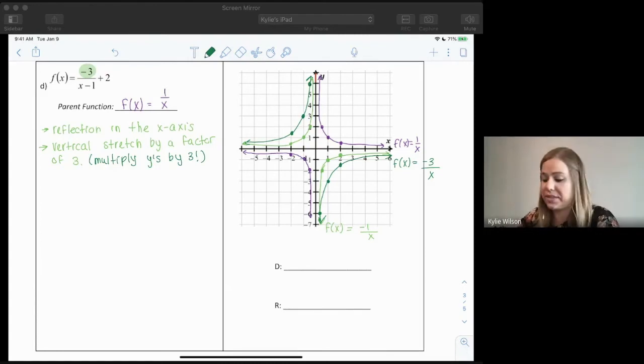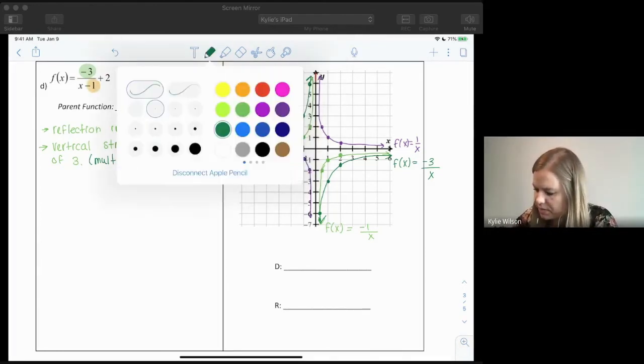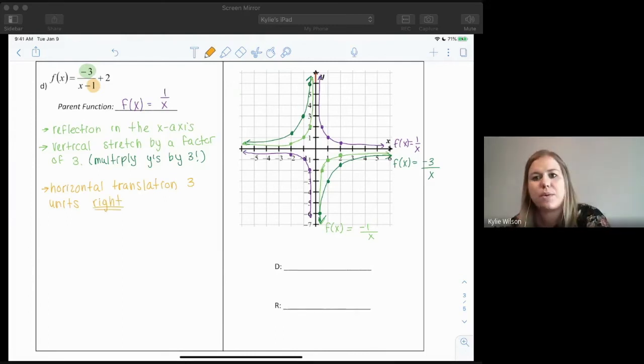So our next transformation is the d value, which is right here. Because it's negative 1, we're going to be moving to the right. So horizontal translation, 3 units right. Now everything moves over 3 units to the right, including our asymptotes.